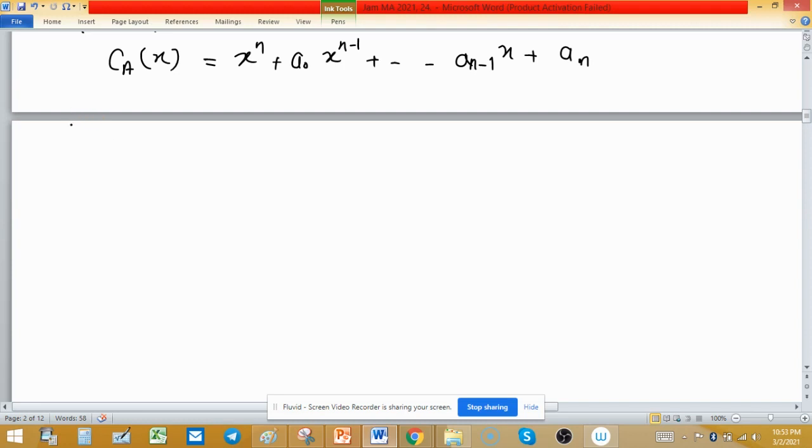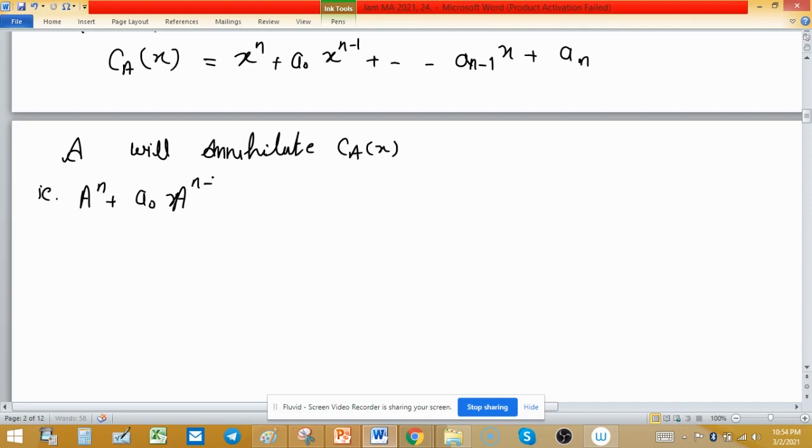By the Cayley-Hamilton theorem, matrix A will annihilate the characteristic equation, that is A raised to the power n plus a naught A raised to the power n minus 1 and so on, with the constant term formed by the identity matrix, equals zero, the matrix of correct size, n by n.